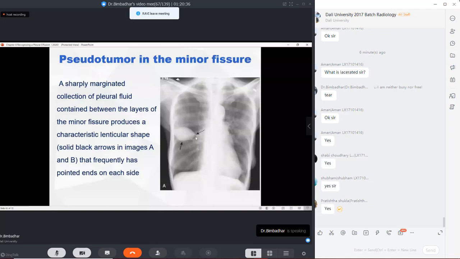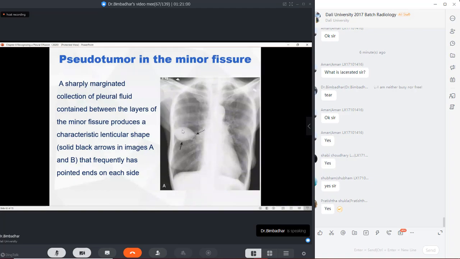Now, this is a standing view, okay? There is a well-defined, sharply marginated area, a hyperdensity that is extending beyond the minor fissure.